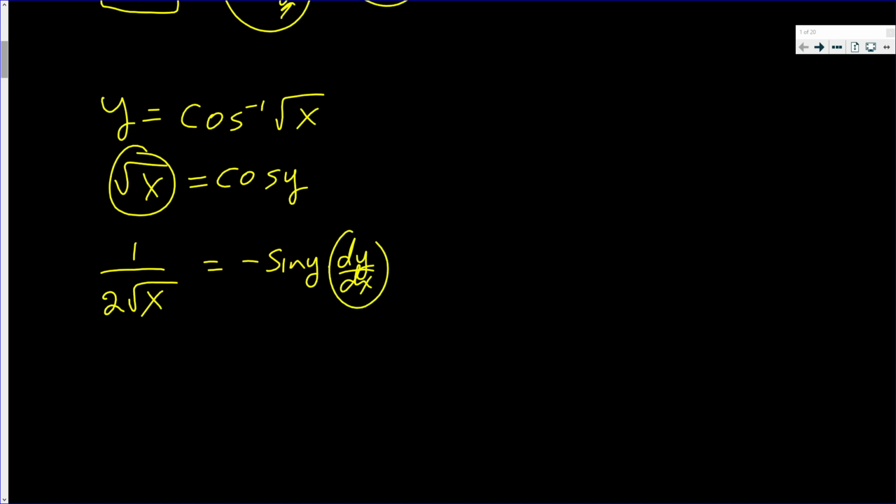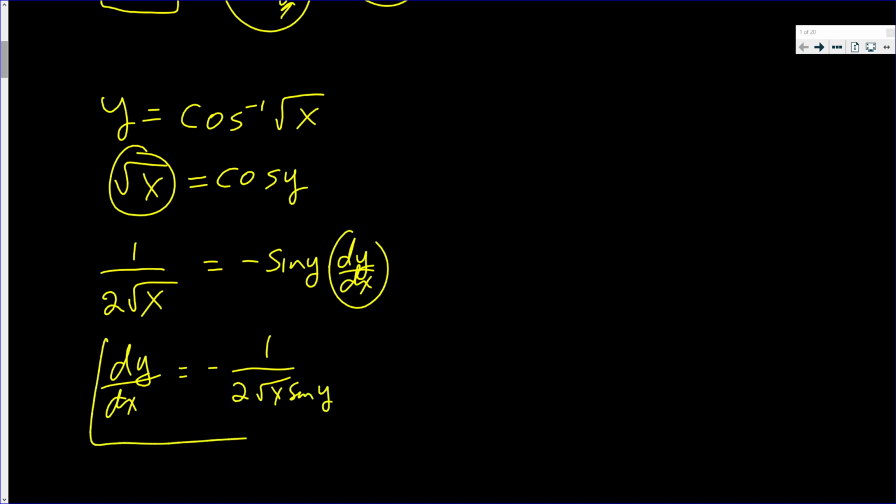Solving for this, you get that dy dx, because that is what we want to solve for, is negative 1 over 2 square root of x sine y.